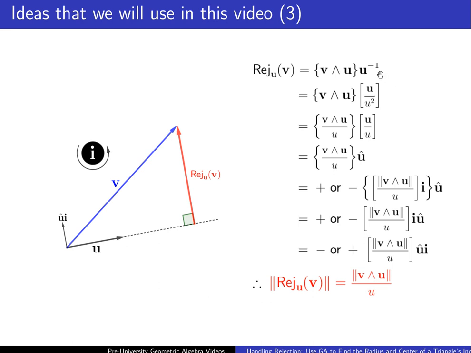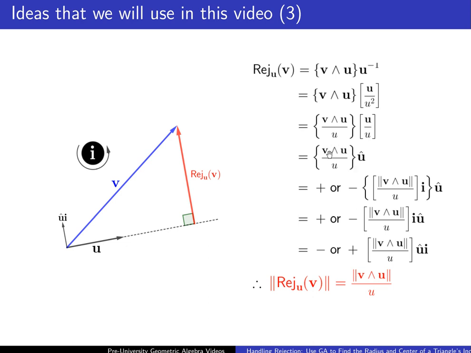So let's look at this a bit. The multiplicative inverse of u is the vector u divided by the square of u's magnitude, or u squared here. So now let's distribute u squared down here and look at it a bit more. The vector u divided by its own magnitude is the unit vector u. So now we have v wedge u divided by the magnitude of u.